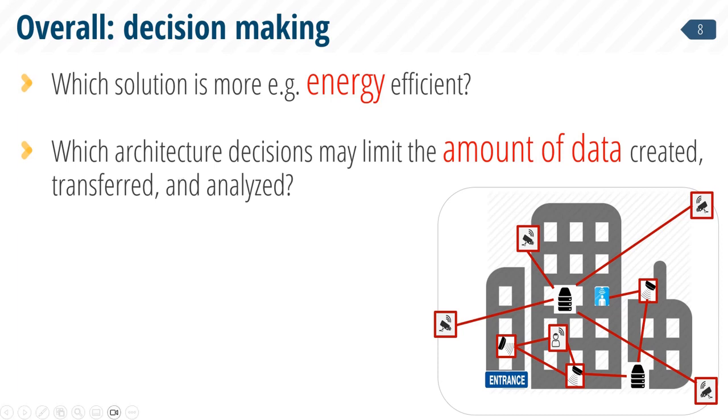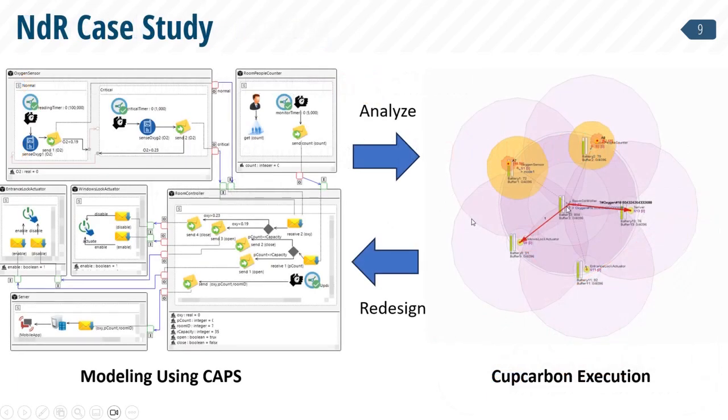For that, we applied our approach on the UNIVAQ Street Science at the European Researchers Night (NDR) event organized by the University of L'Aquila. We first modeled the case using CAPS, which contains 5 components that mainly focus on monitoring of people count and oxygen level in the NDR room.